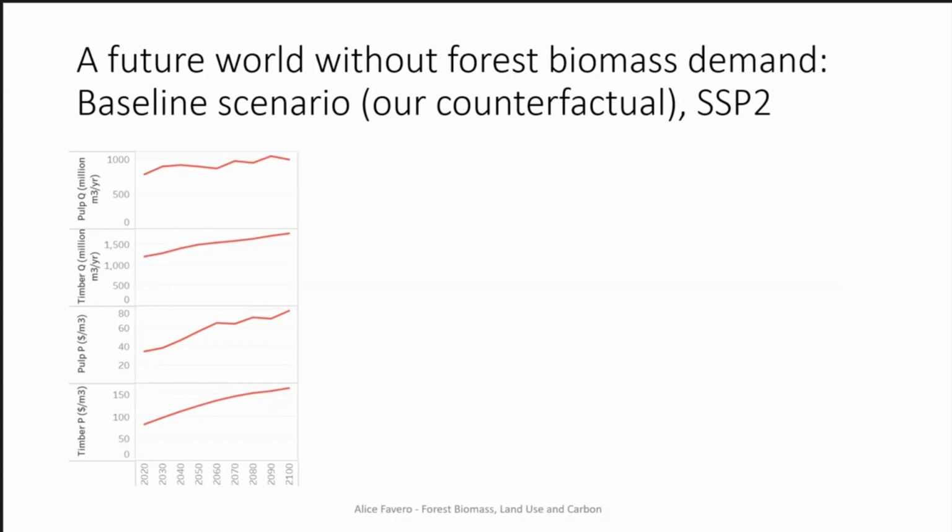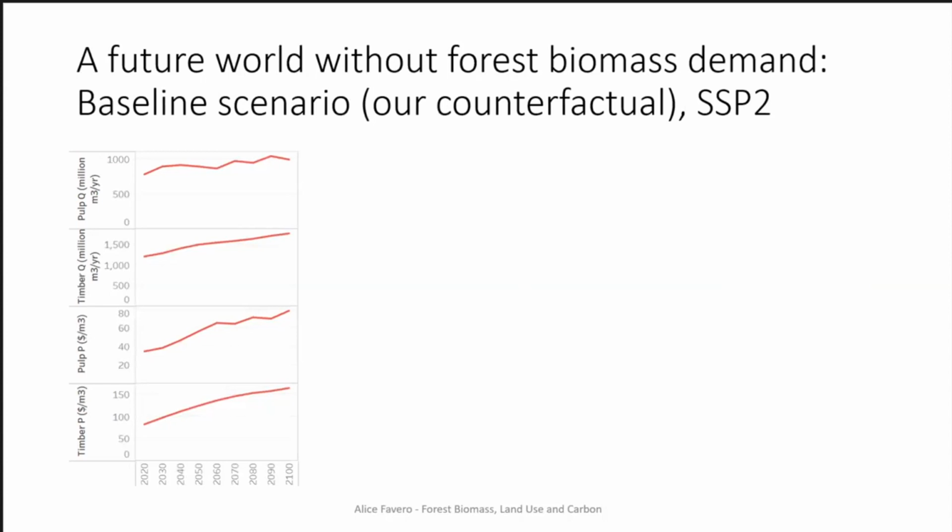At the top you have pulpwood and saw timber. These traditional timber products are going to increase from present levels to 2100. And as the demand increases, the price of both commodities is expected to increase.